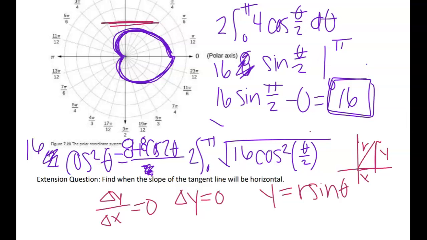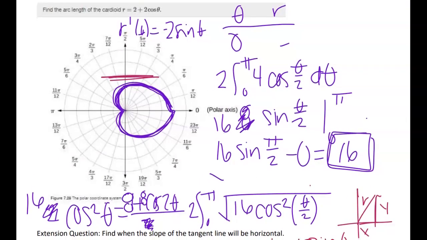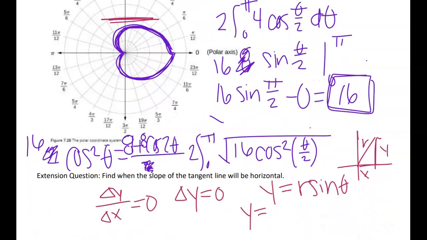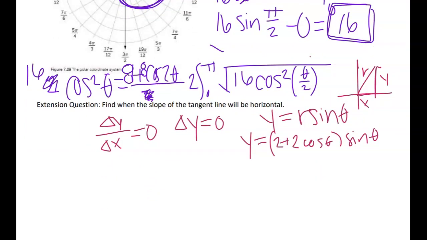So in this case, y would be equal to, what was our r again? r was 2 plus 2 cosine theta times sine theta. And I want to figure out y prime with respect to theta.